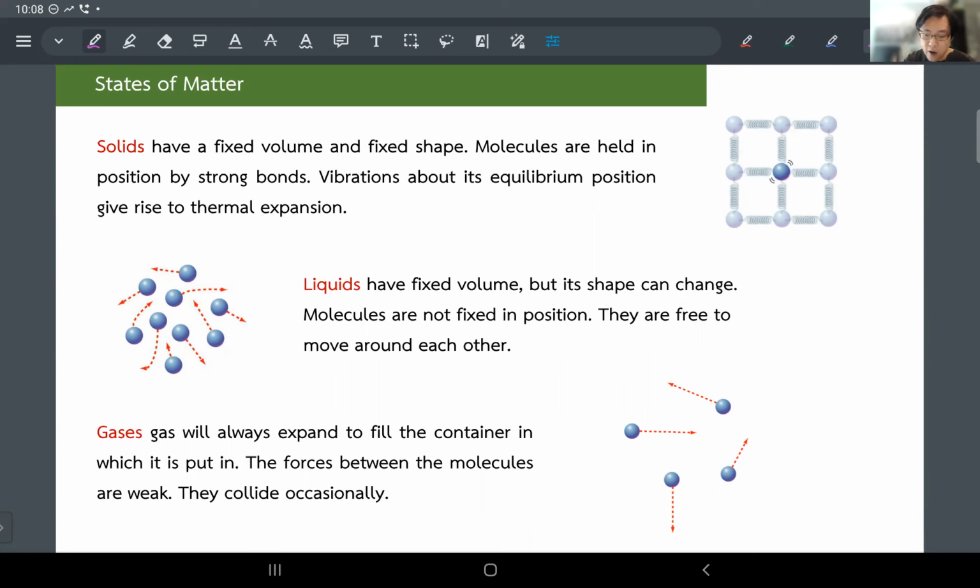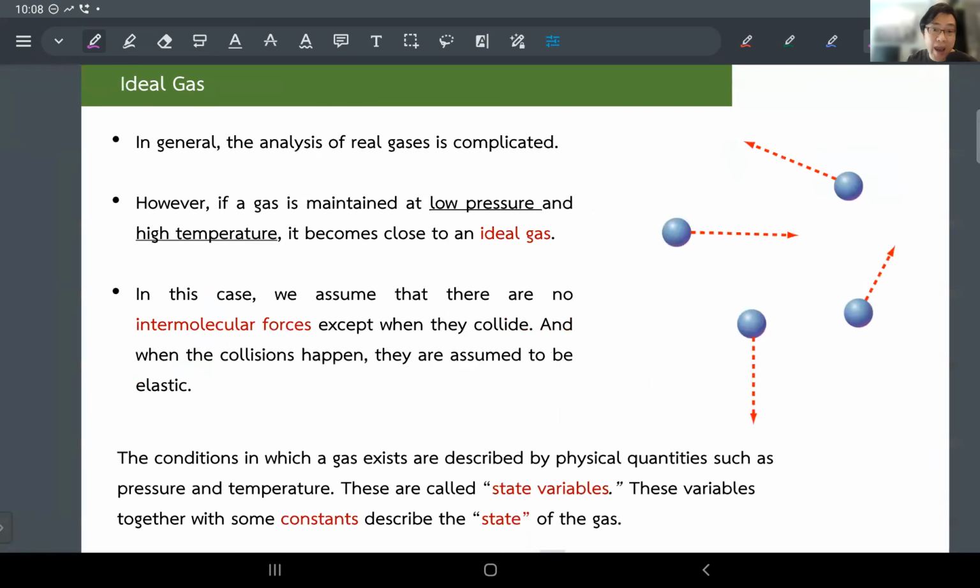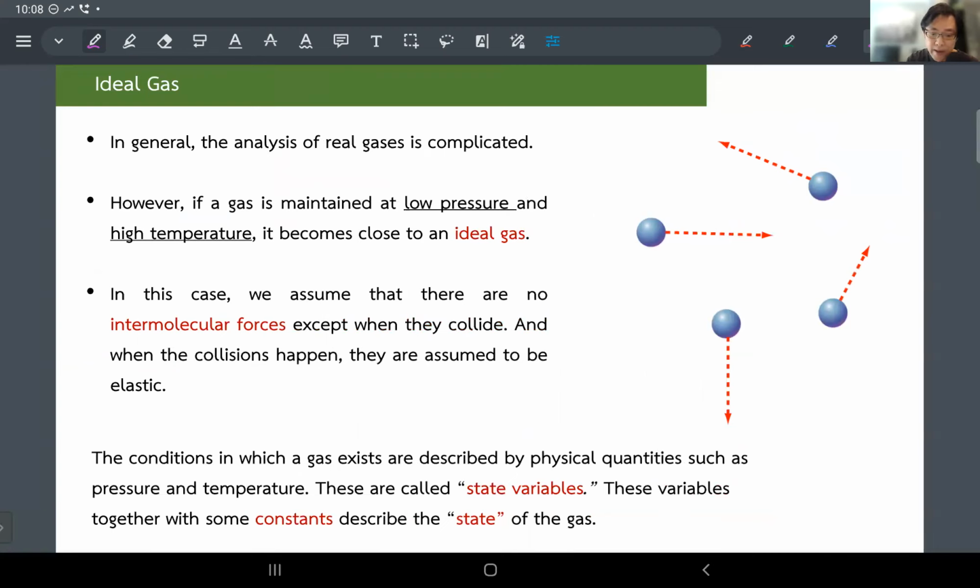However, what we really care about in this topic is that we are going to use the gas phase as the system that we are going to study. Why is that? First of all, it's not very complicated.